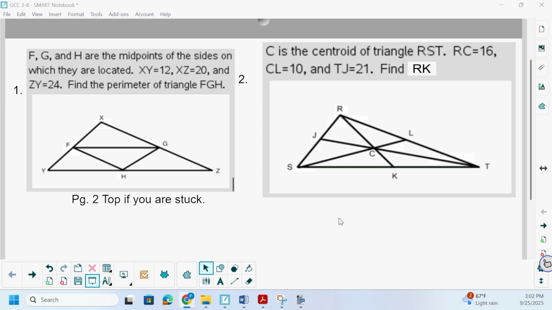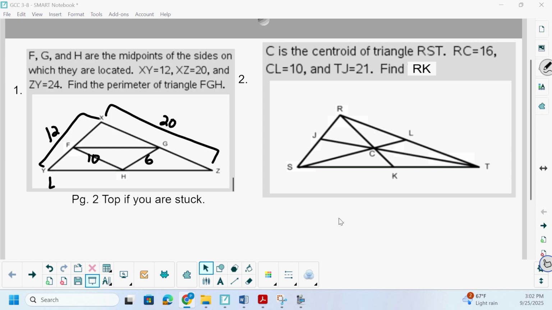All right, so because G, F, and H are midpoints, FG, GH, and FH are considered mid-segments. So if XY is 12, that means the mid-segment it's parallel to is half its length, so that is 6. If XZ is 20, then the mid-segment it is parallel to is half of its length, so FH is 10.